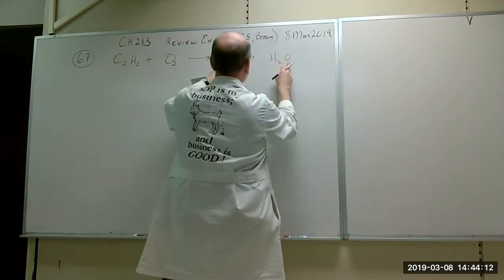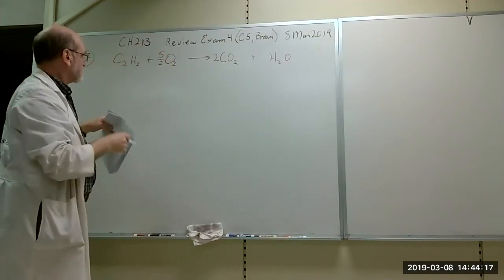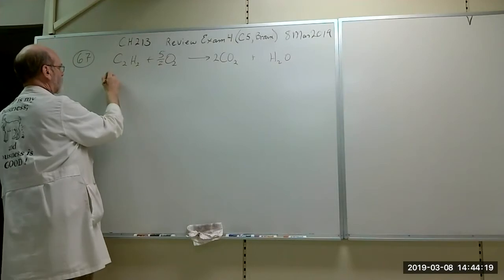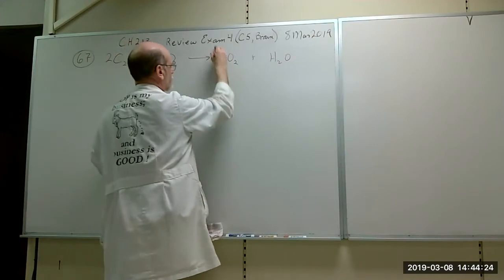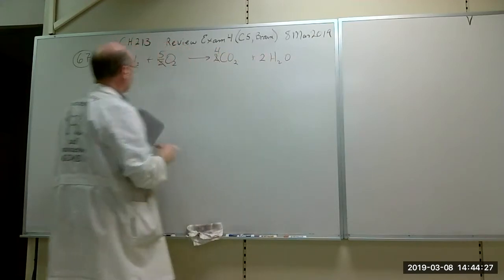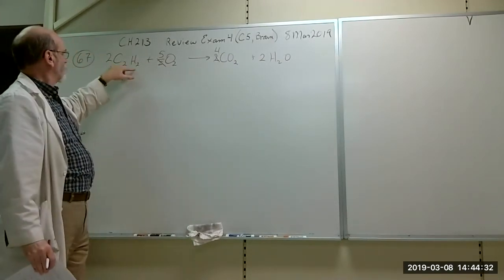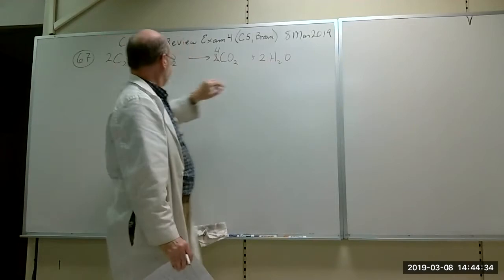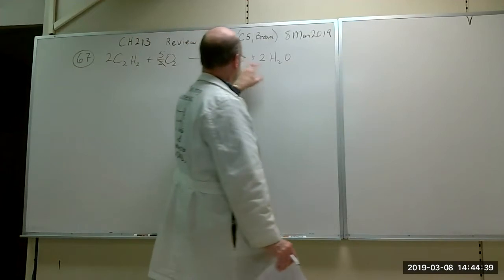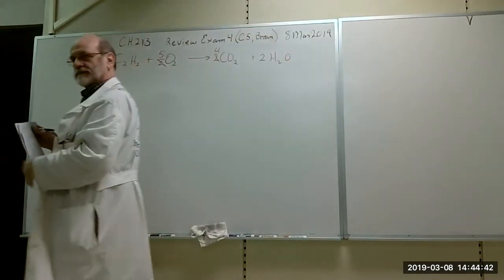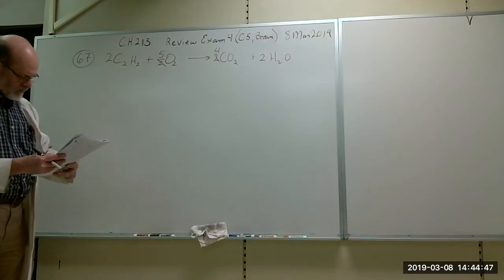We got 5 oxygens. So I need 5 halves there. That means multiply the whole thing through by 2. There we go. Now let's see if that worked. 4 carbons, 4 carbons. 4 hydrogens, 4 hydrogens. And 5 times 2 is 10 oxygens. So it's 8, 9, 10 oxygens. Okay, we're balanced.